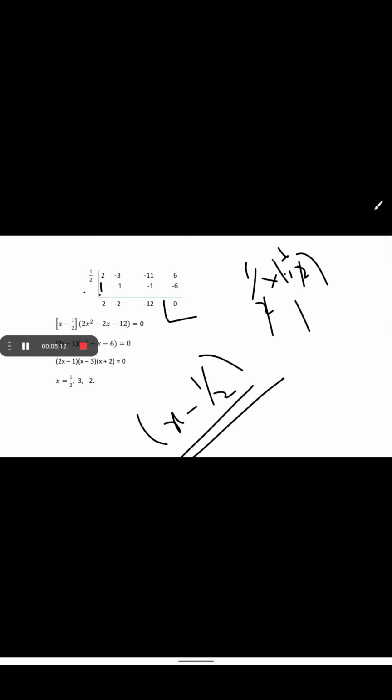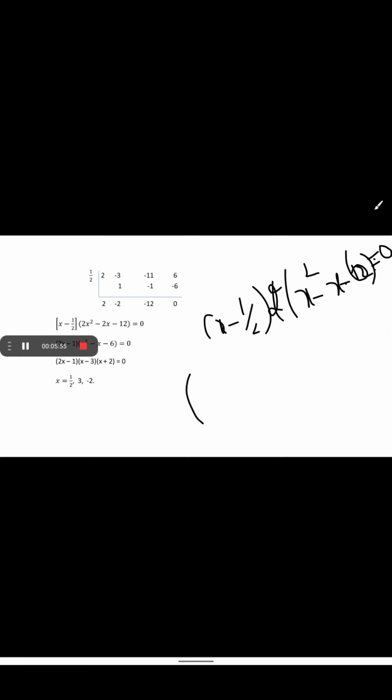is a factor. Then for the other factor, we write 2x square minus 2x minus 12. Here I take 2 as common. Then I write x square minus x minus 6 equals 0.